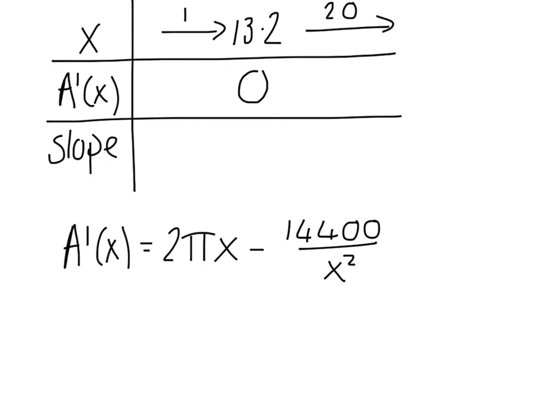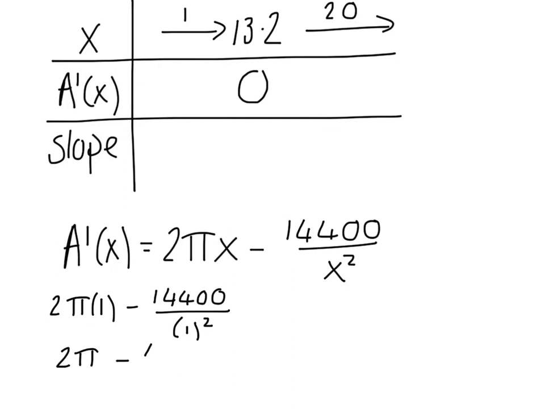So first of all, substituting 1 into this formula, we get 2π times 1, take away 14,400 over 1². So that would then give us 2π times 1, which is 2π, take away 14,400 over 1.